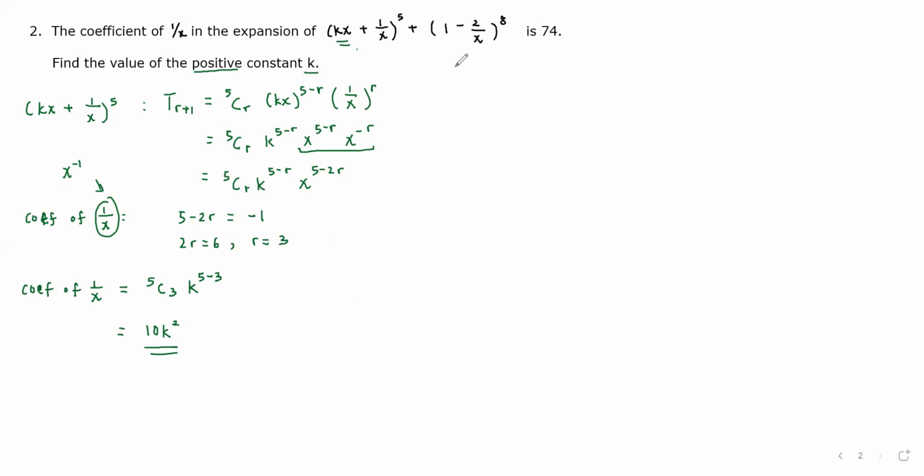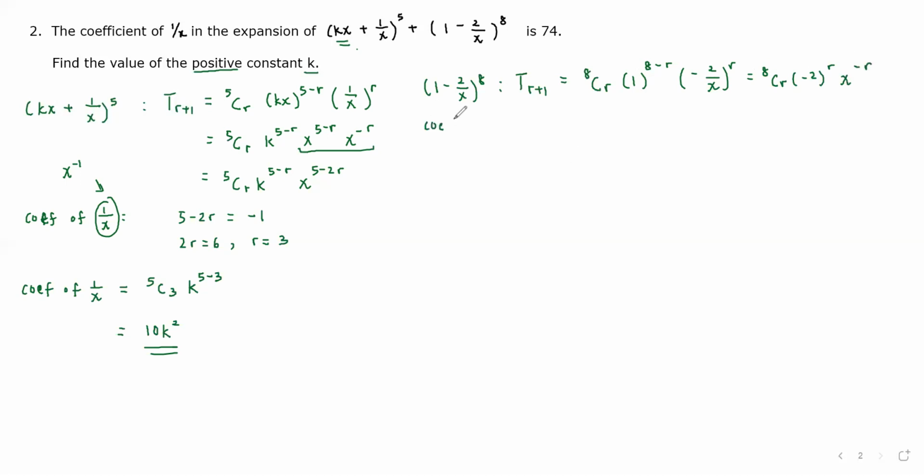Now we consider the second term here, which is (1 minus 2 over x) to the 8. For this second term, the r plus 1 term is given by 8Cr, you have 1 to the 8 minus r and (negative 2 over x) to the r. Now, 1 to the 8 minus r is just a 1. So that gives you 8Cr, negative 2 to the r, and x to the negative r.